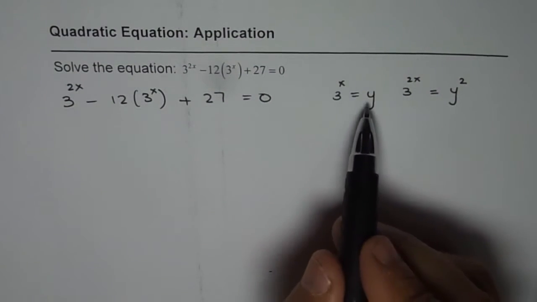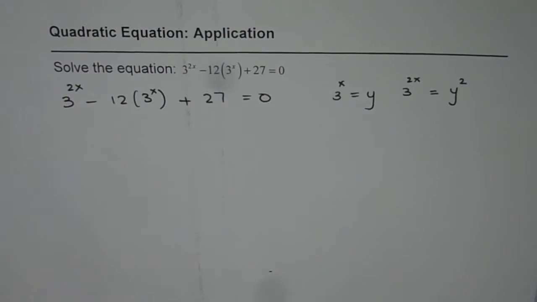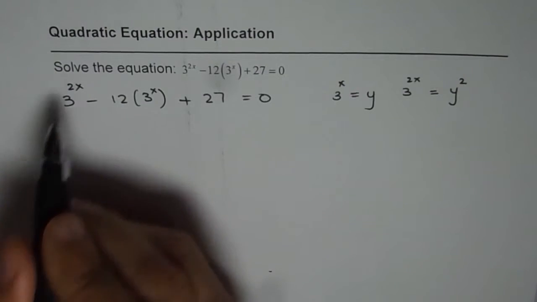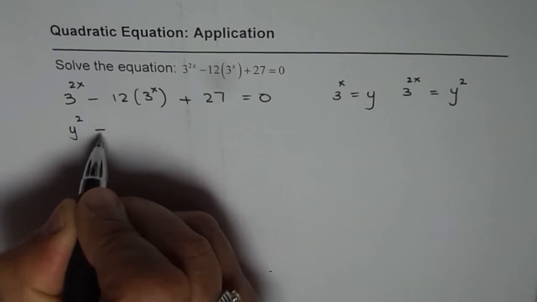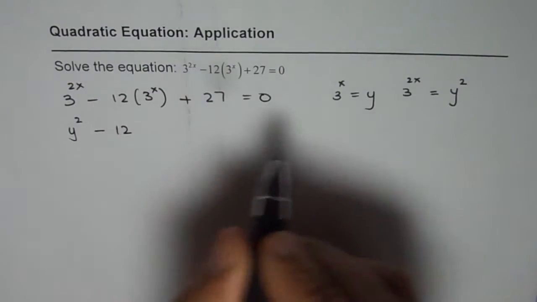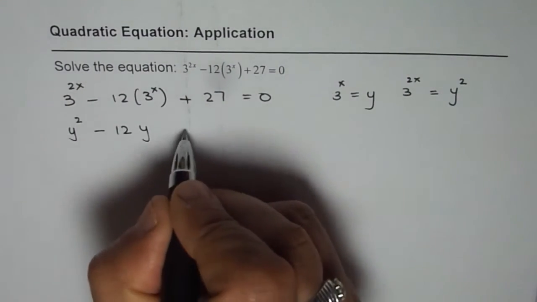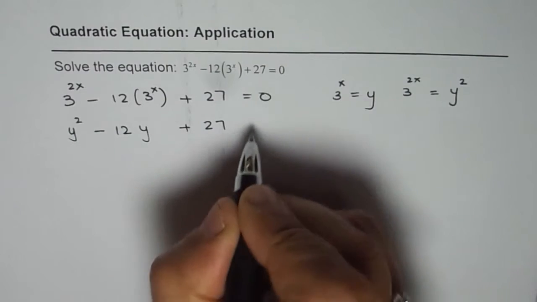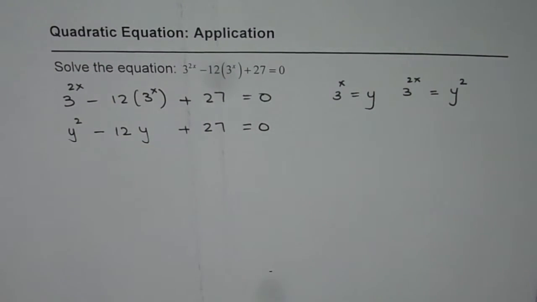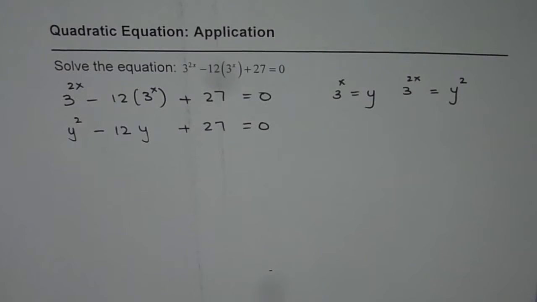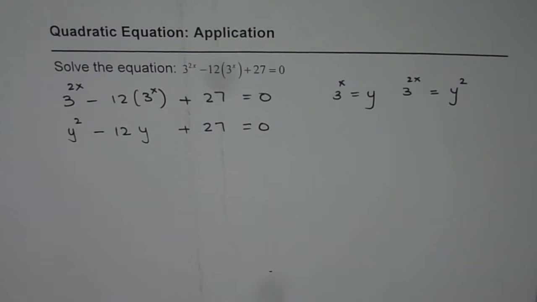If we substitute that in the equation, we get y square minus 12 times y plus 27 equals 0. Now it becomes a quadratic equation, and it can be solved with the techniques which we have learned in this chapter, right? So let us solve this equation using factoring.